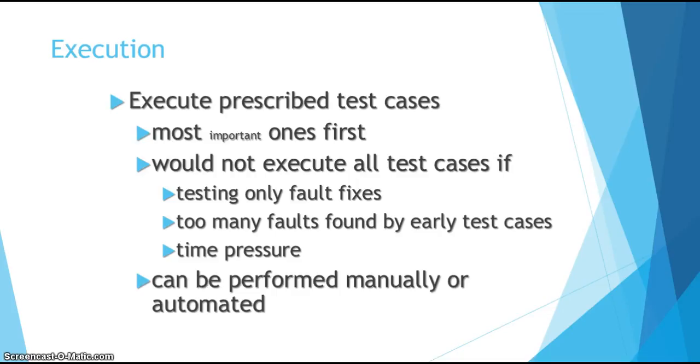So you will prioritize, as we discussed in the first session, you will do risk based testing. You will decide based on risk which test cases need to be done first and which can be left out in your test cycle.